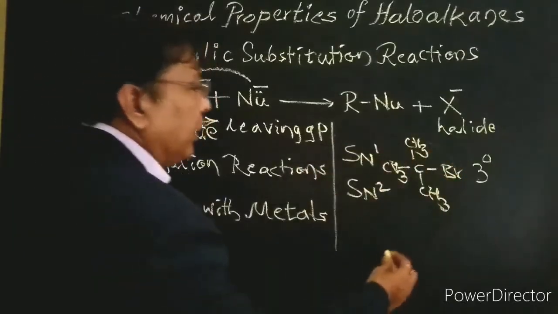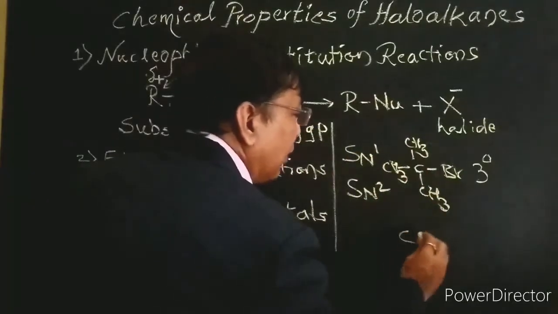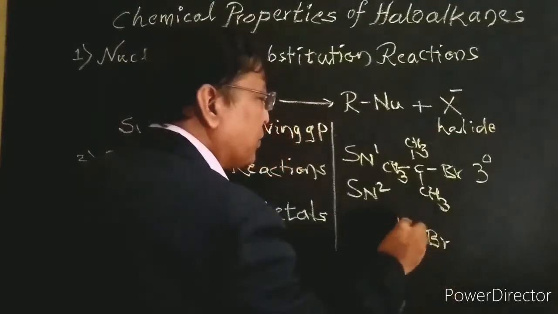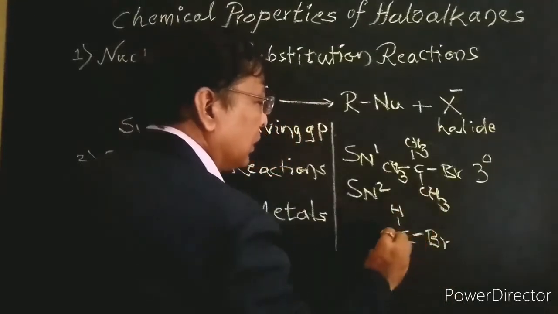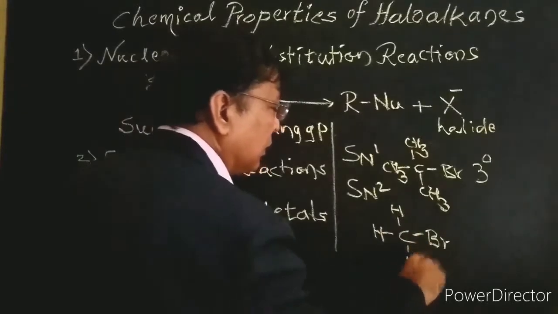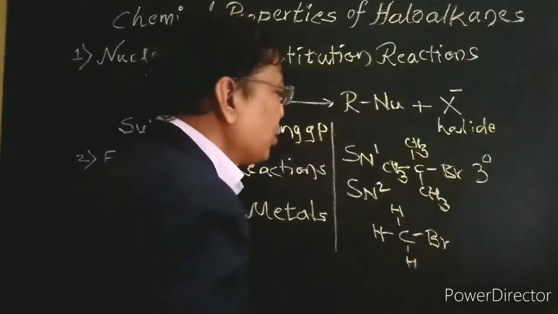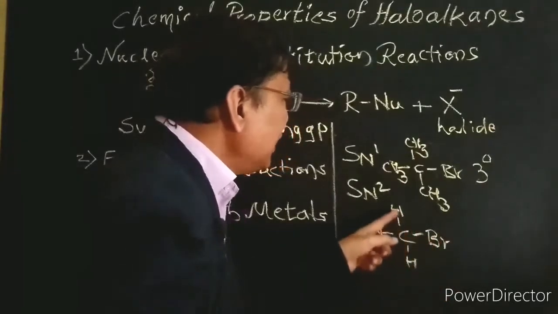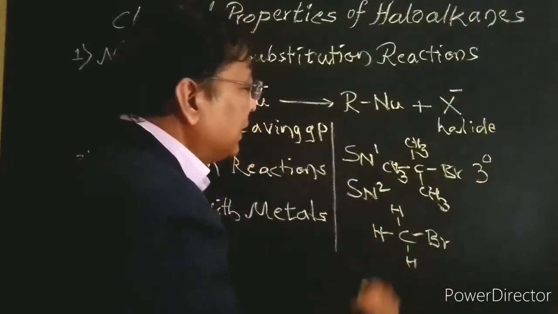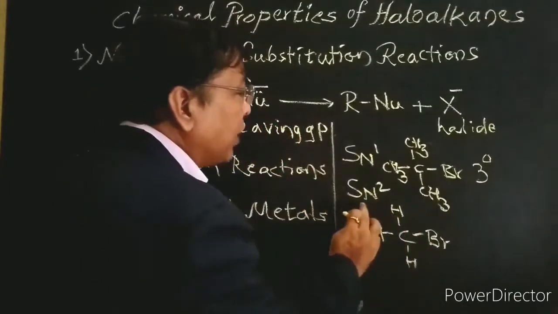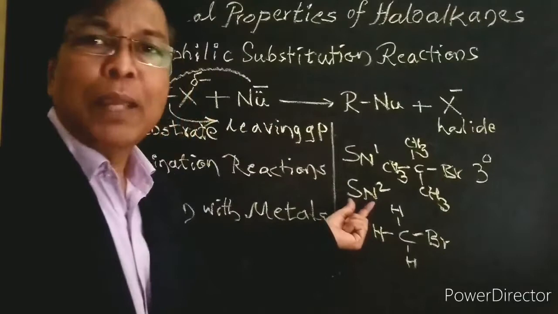And if the carbon atom attached to the halogen atom is bonded with small groups like this, then the nucleophilic substitution reaction takes place according to Sn2 reaction mechanism path.